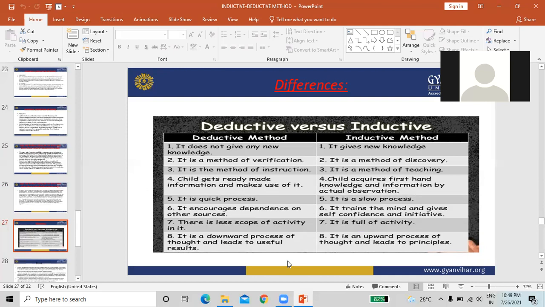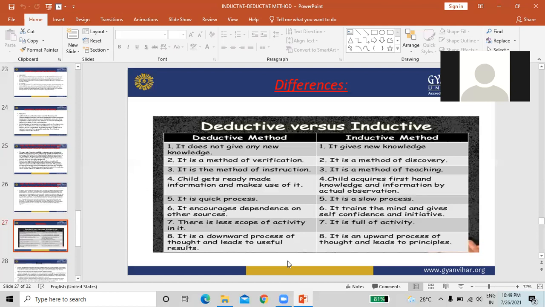Deductive method is a quick process and inductive method is a slow process. Deductive method encourages dependence on other resources. Inductive method trains the mind and gives self-confidence and initiative in the students.